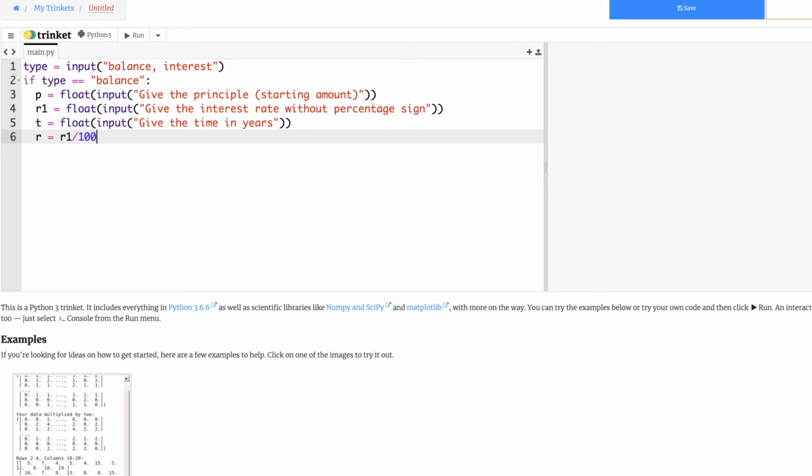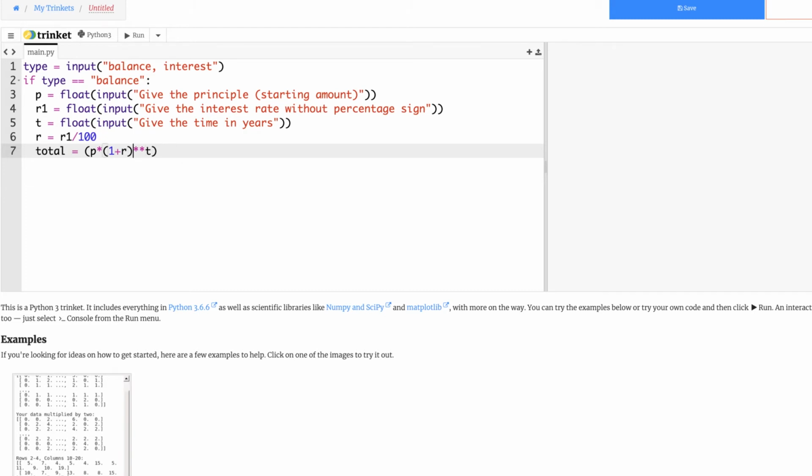Now you could write this neatly, like say you can write another variable called total or answer equals. Now we will write in brackets P times, in another pair of brackets, 1 plus R. Then outside of the bracket we do star star T. Now what is that? It is power in Python.